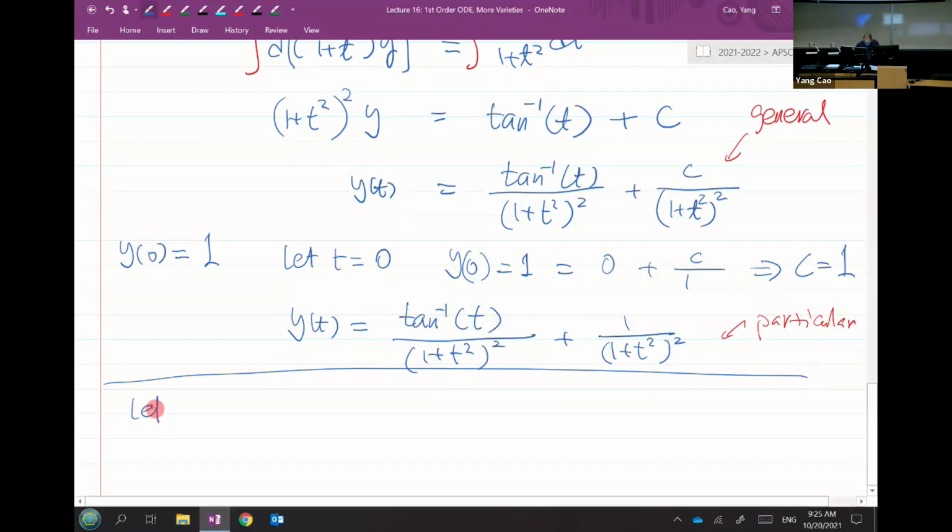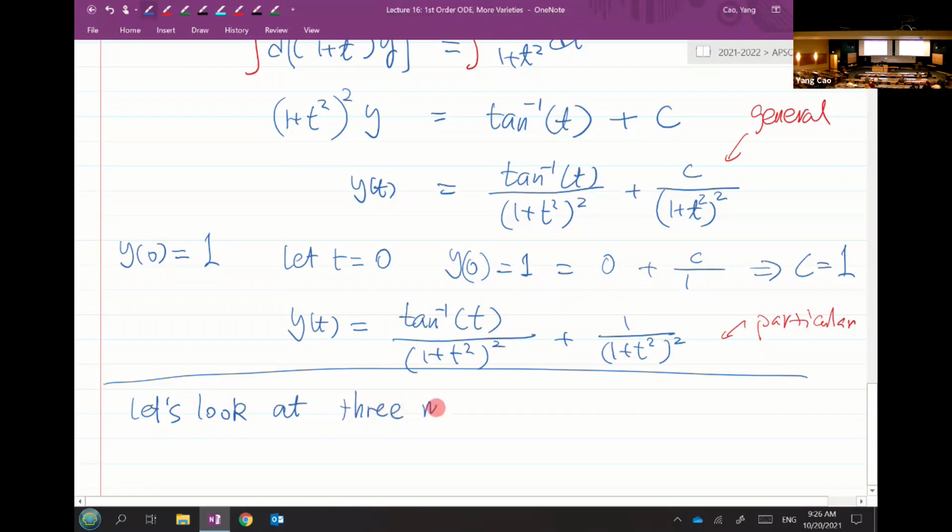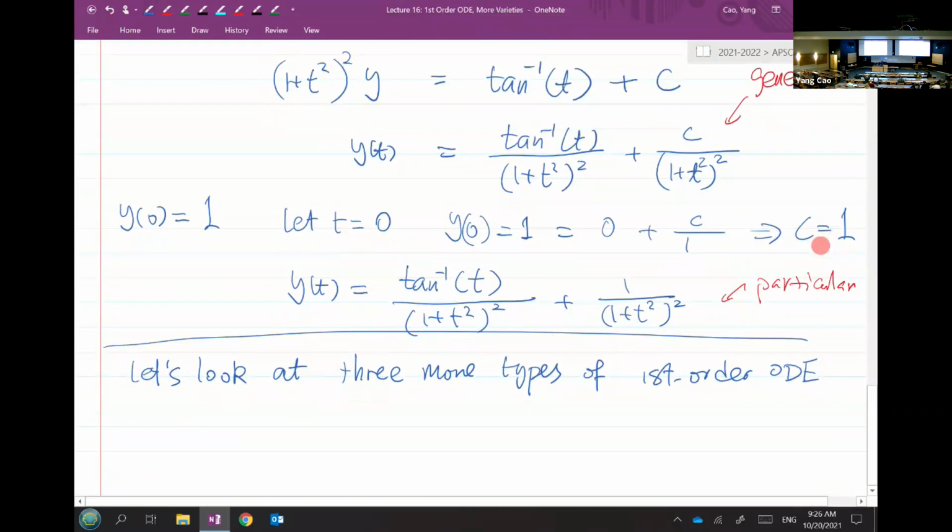So now let's look at, in particular, maybe three more actually. Okay, so today we're not going to cover all three of them. So three more types of first order ODE. So notice that I don't have the keyword linear anymore.